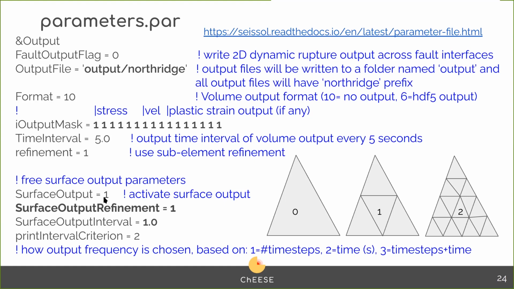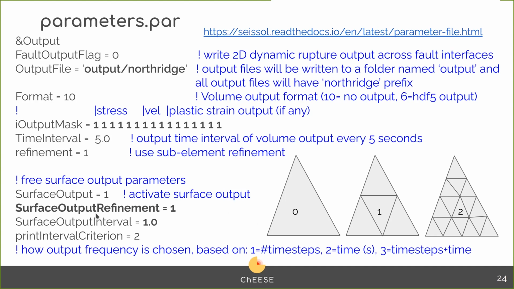So we enable the surface output at a time interval of 1 second. This refinement parameter means that if it's equal to 0, we will output 1 triangle per mesh cell. But with SeisSol, we have subcell information, so we can also generate more output for one cell.